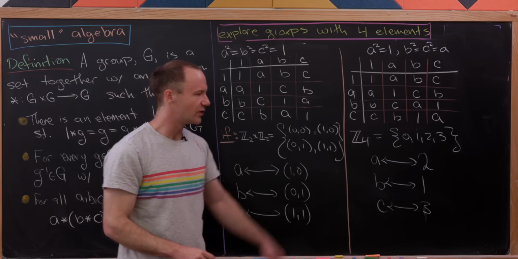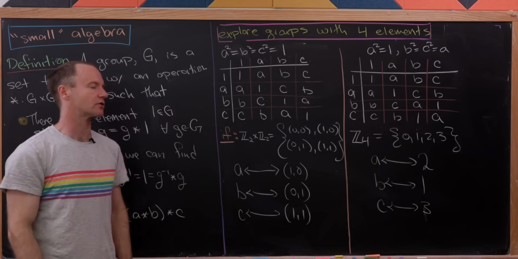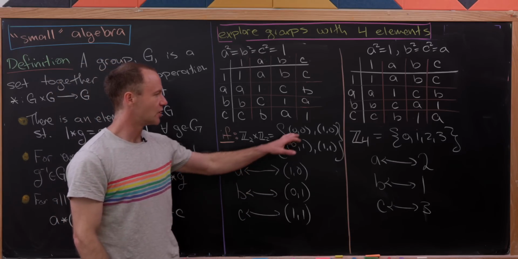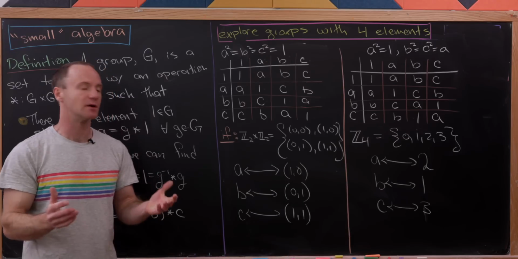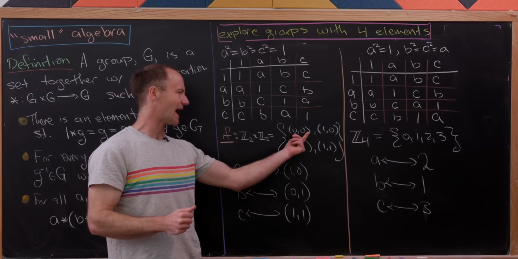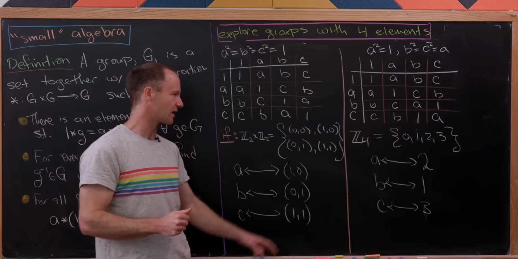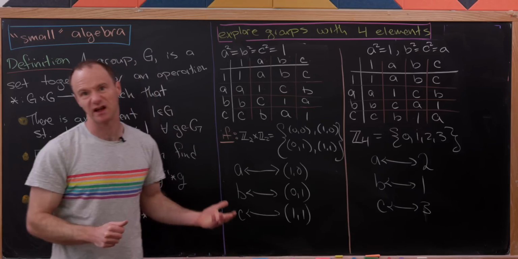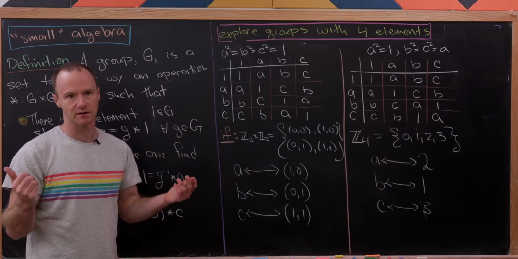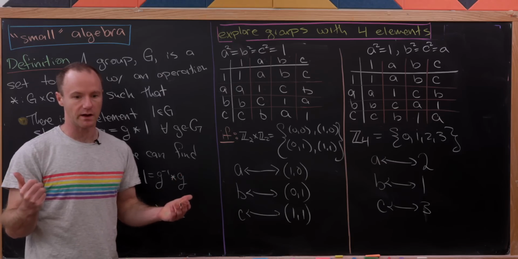Now down here, I've put two familiar groups with 4 elements. One is Z2 cross Z2, where your addition just happens component-wise. By component-wise, I mean when you add this ordered pair with this ordered pair, you just add the first entry and then add the second entry. This is happening in Z2, so the only elements are 0 and 1.